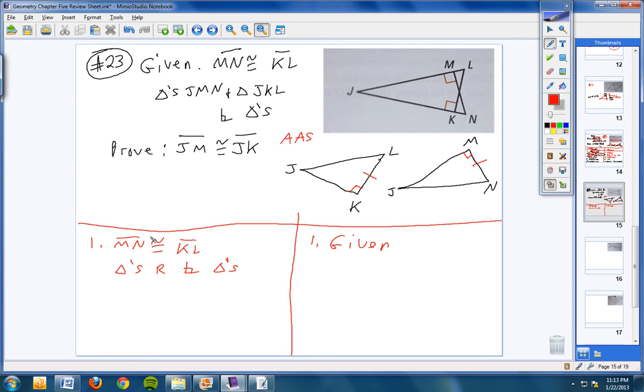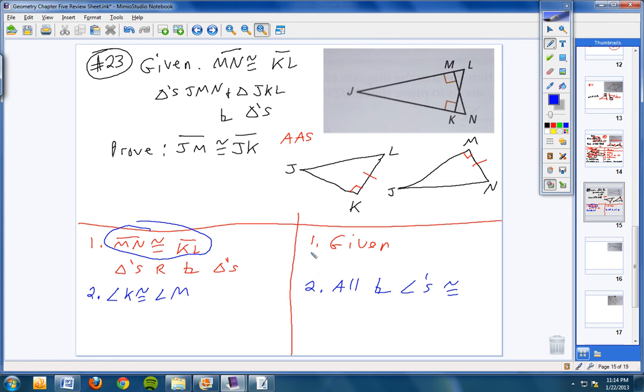But look what we already have stated right here in our given. There's our side. We've already stated our side. So all that we have to do now is state that angle K and M are congruent. We can state that, can't we? We can say angle K is congruent to angle M. And how can I state that? All right angles are congruent.